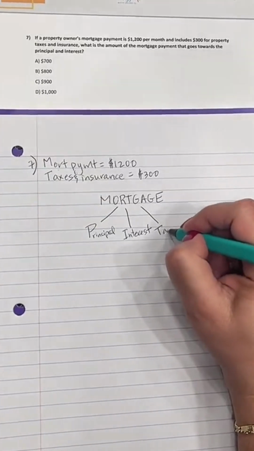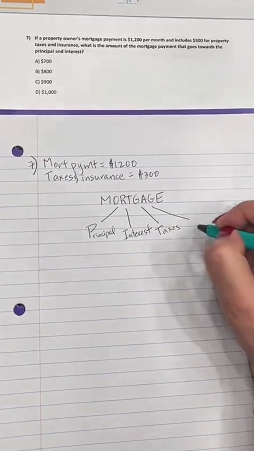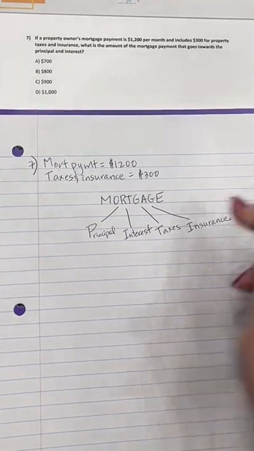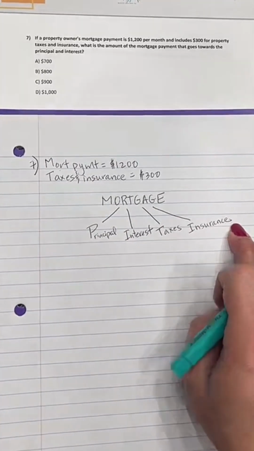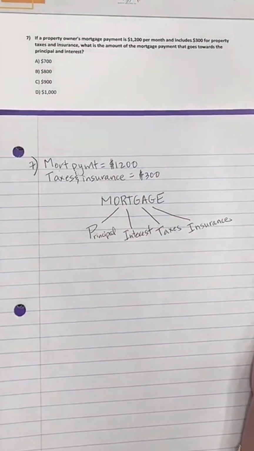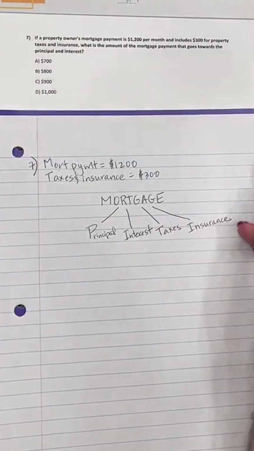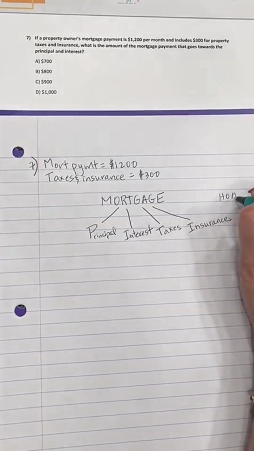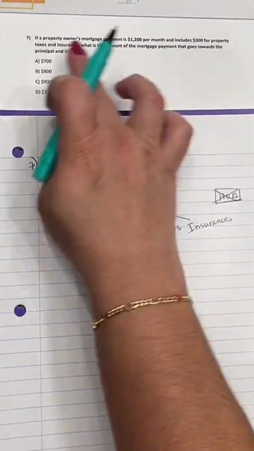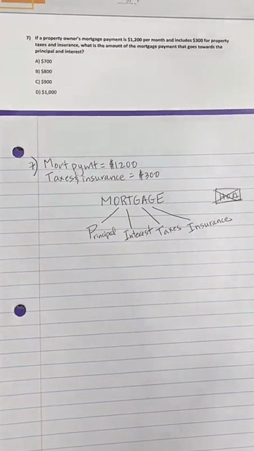You have taxes. And you have insurance. Okay? All of these things put together equals your 1 month mortgage payment. Now, if you live in an association, obviously, of course, they're going to include HOA, but we're not talking about that right now. Okay? None of this here has HOA payment or anything.